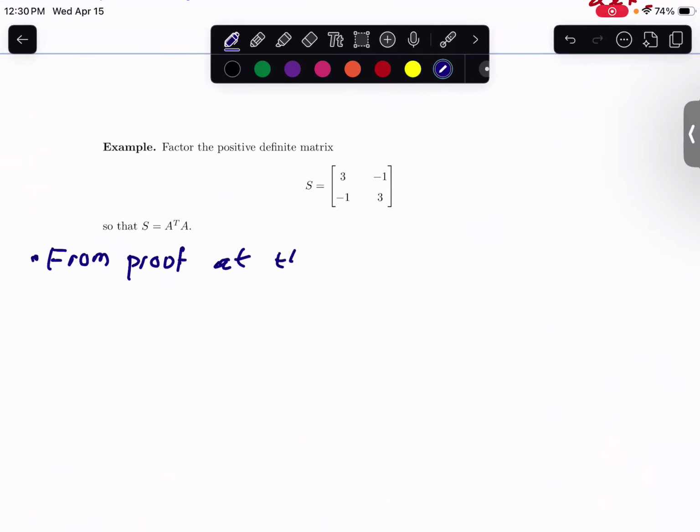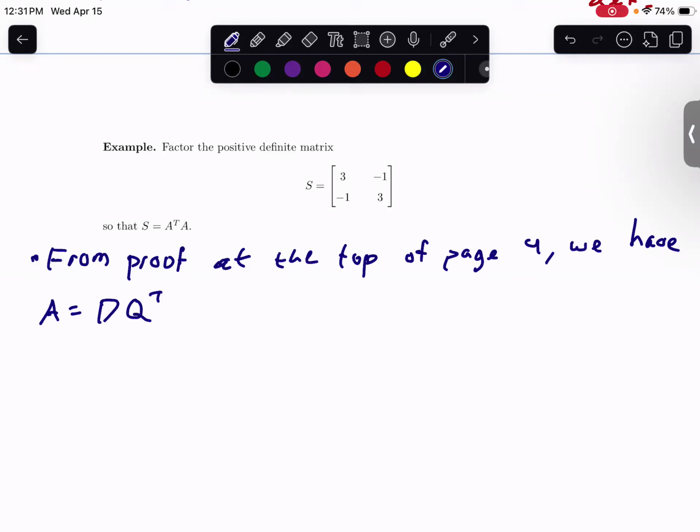at the top of page 4, we have that A is going to be equal to D times Q transposed. So where's the D and the Q transpose coming from? We have that S is equal to Q lambda Q transposed.